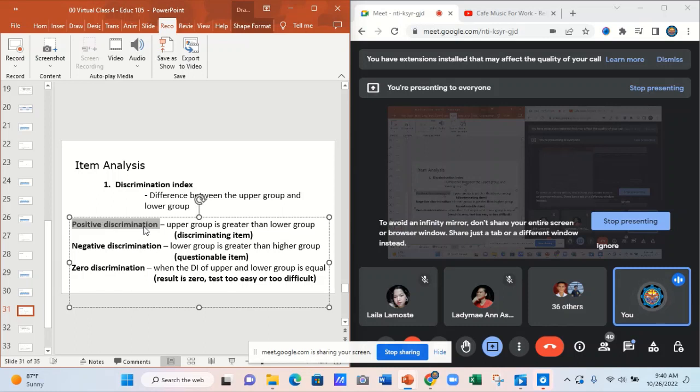Ang zero ug negative numbers, dili to sila under sa positive discrimination. When we say positive discrimination, this only tells us that the upper group is greater than the lower group. Pasabot anak class, tanang mga bright class members sa upper group ni dominate sila sa item compared to the members of the lower group.